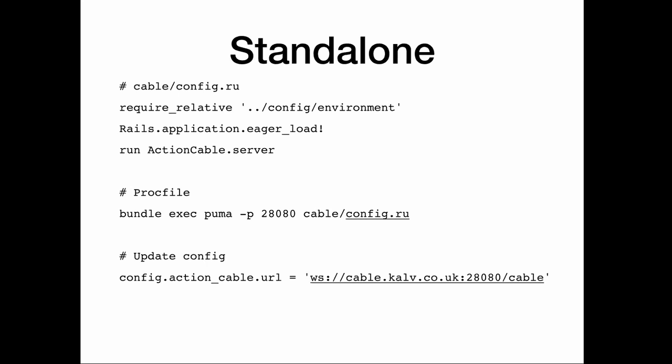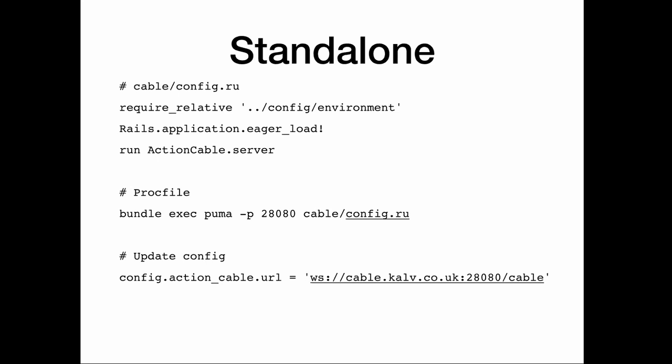But if you wanted to say, okay, I'm deploying this separately as its own cable server, you can define your rackup file and only run the ActionCable server and not your application. That will skip a lot of the middleware related to your HTTP connections and the front end, Action Dispatch stuff.